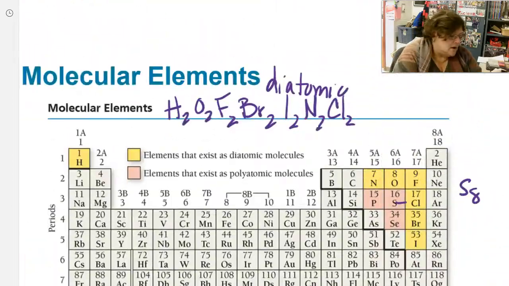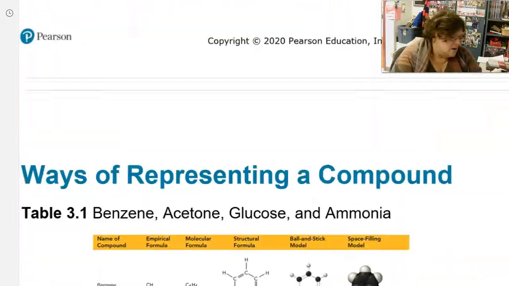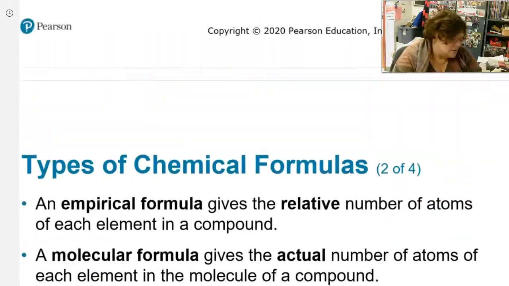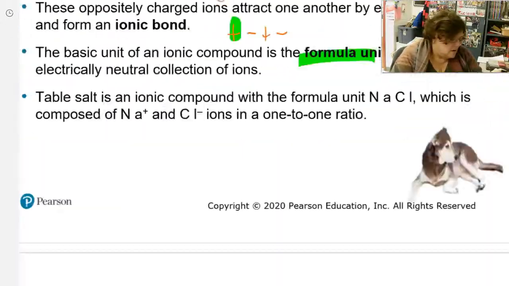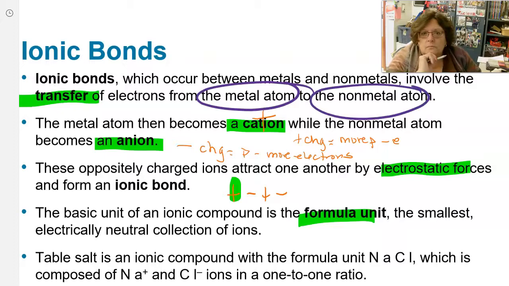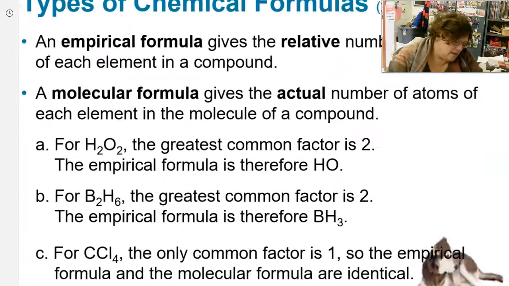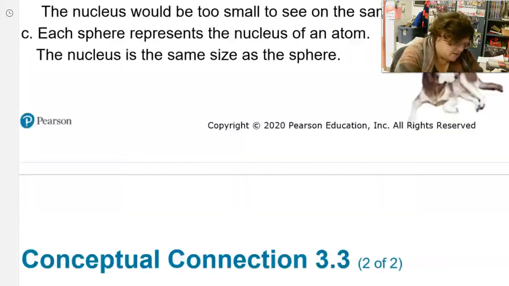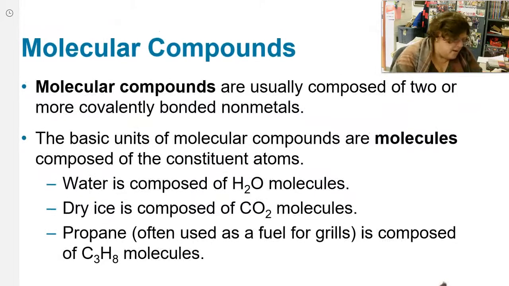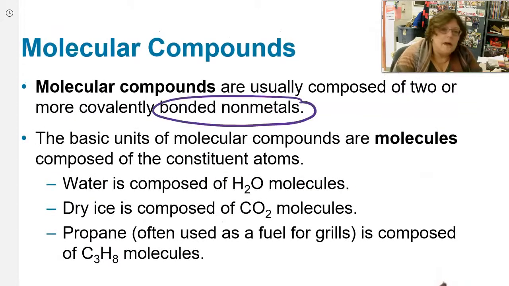So let's go back to ionic real fast. Ionic, you have a metal and a non-metal. Okay, that's key. Covalent, you have two non-metals.